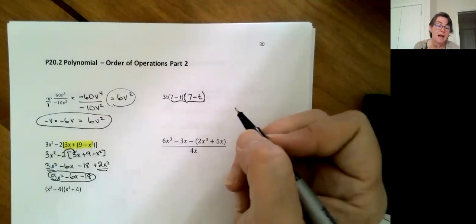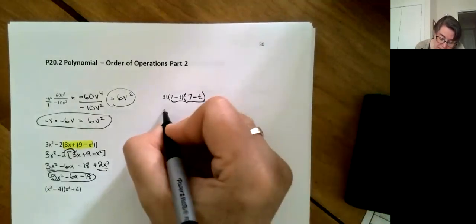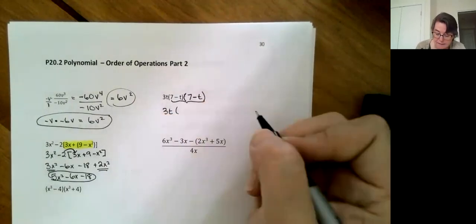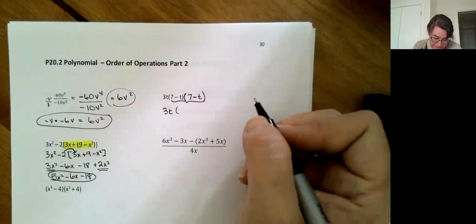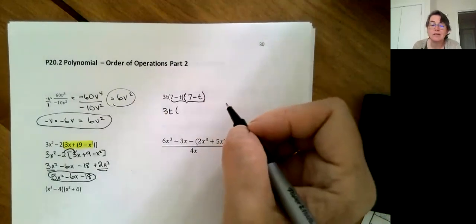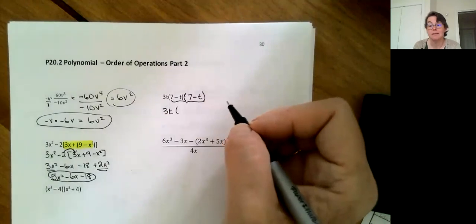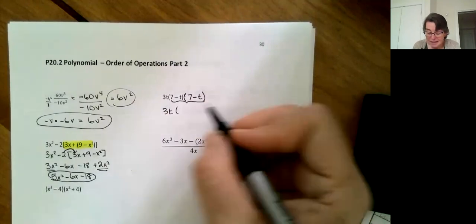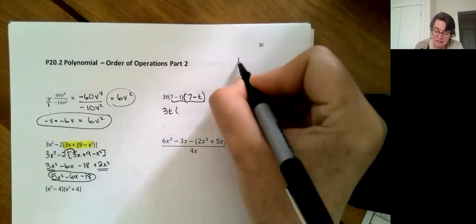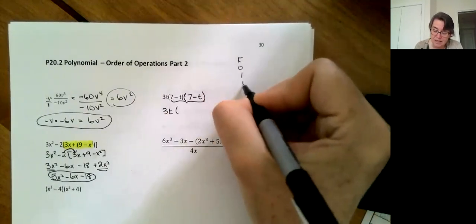And then I will bring the 3t in. So 3t, and I'm going to just do it in a quick FOIL method because there's not a lot of room in here. I should have left more room there for me to work.